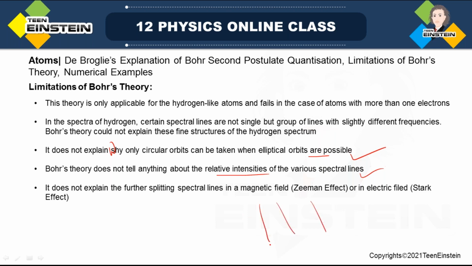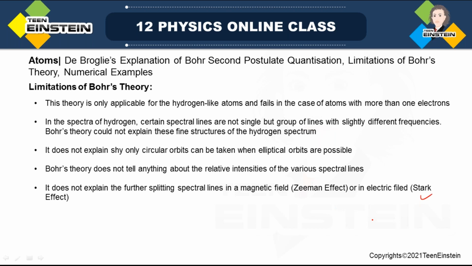If I apply a magnetic field, we can see further splitting of the line. There will be very fine lines on both sides of the main line. These are called fine structure or Zeeman splitting.